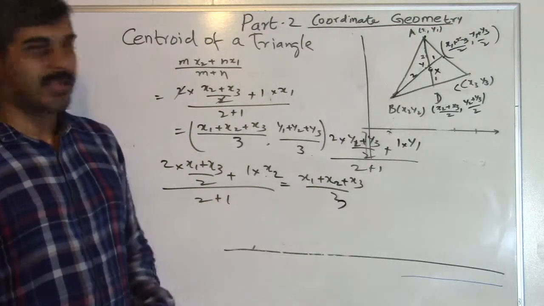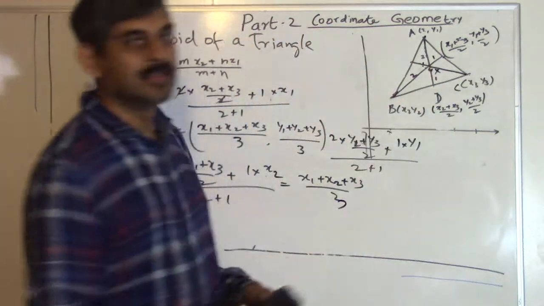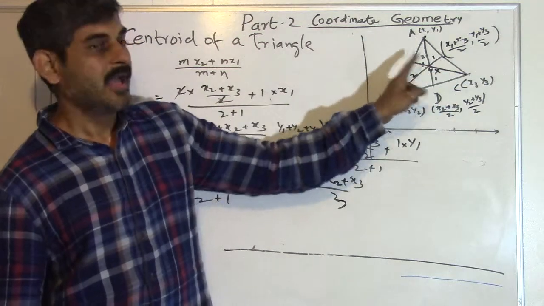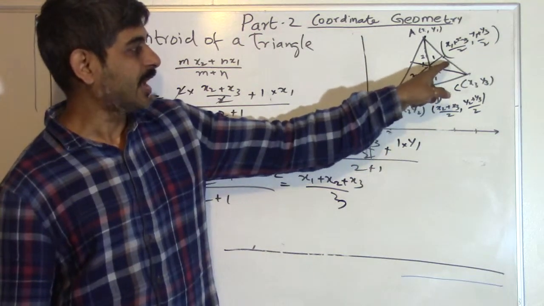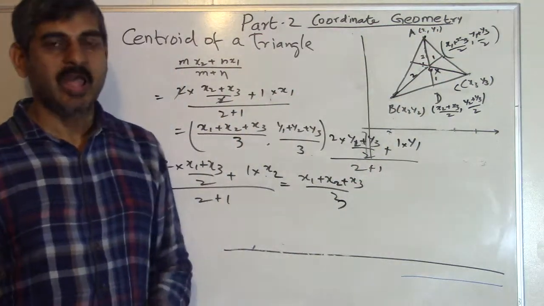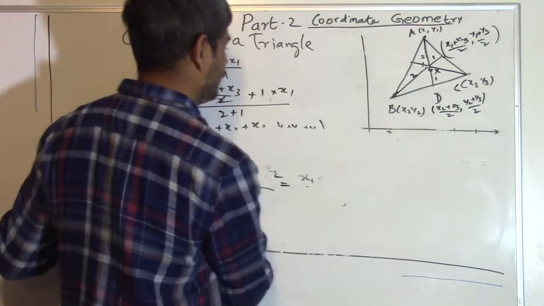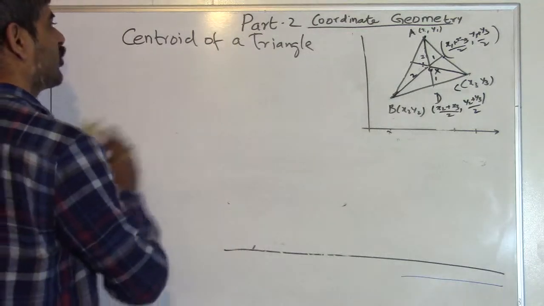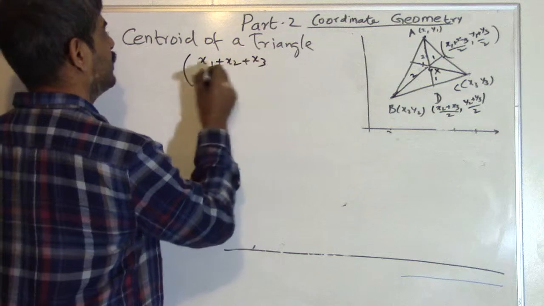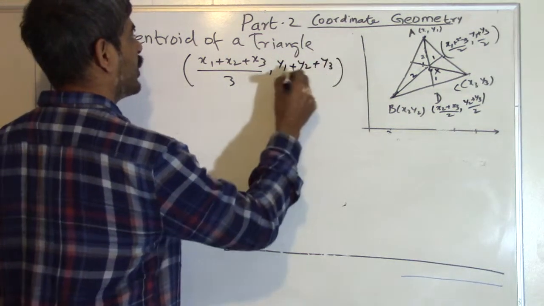And then we can repeat the same thing for this line. Find the middle point of A and B, and then join this point and find the point that divides this line in the ratio 2:1. All these 3 points meet at one single point, and that point is called the centroid of a triangle. The centroid of a triangle has the formula x1 plus x2 plus x3 divided by 3 and y1 plus y2 plus y3 divided by 3.